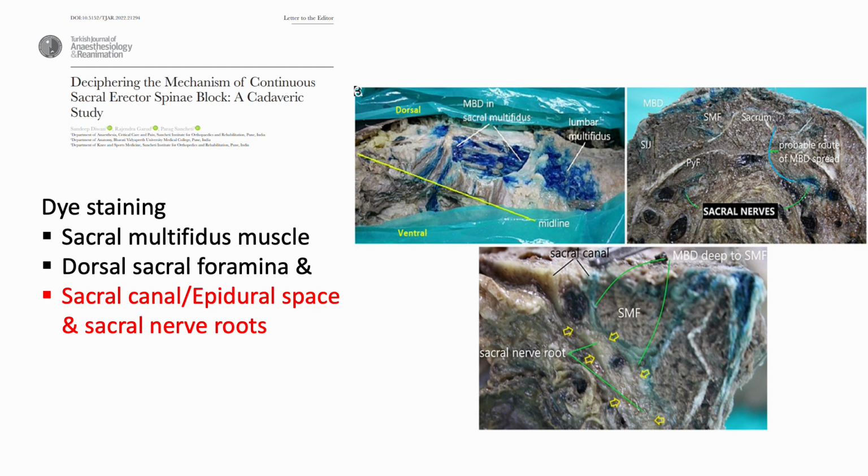Cadaveric studies involving dye injection in the sacral ESP block to assess spread patterns show extensive involvement of the sacral multifidus muscle and dye staining the dorsal sacral foramina and entering the sacral canal and the epidural space to stain the sacral nerve roots.